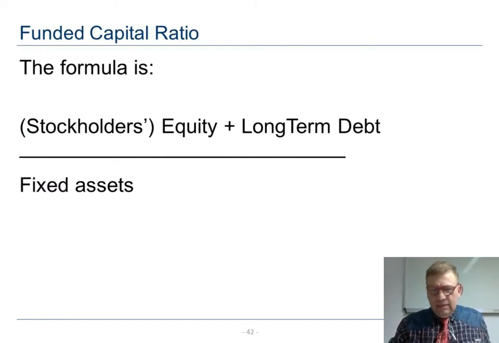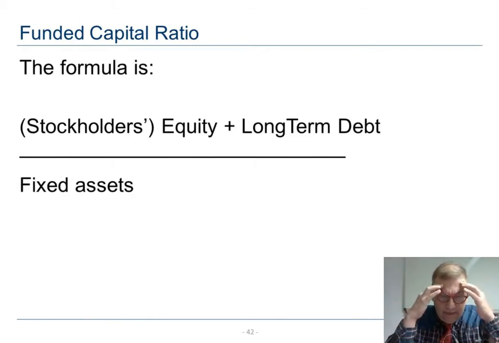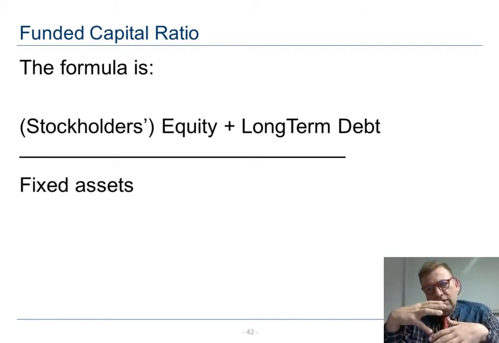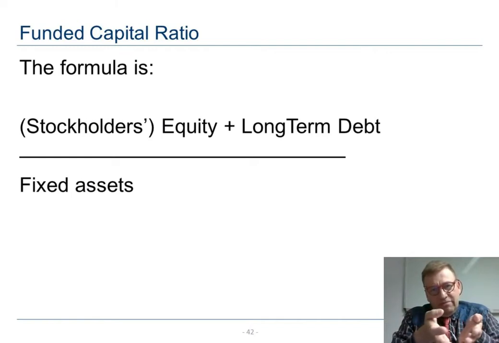The next one is the funded capital ratio. This looks like this: stockholders' equity plus long-term debt divided by fixed assets. So generally, what's the idea of this ratio? It shows that obviously a company has some fixed assets.